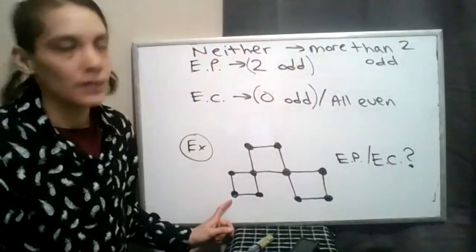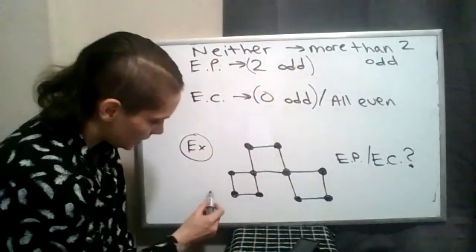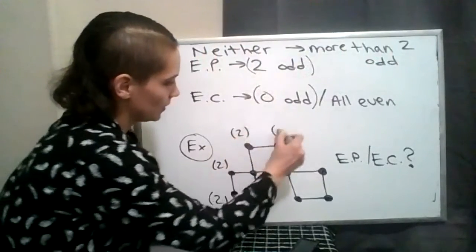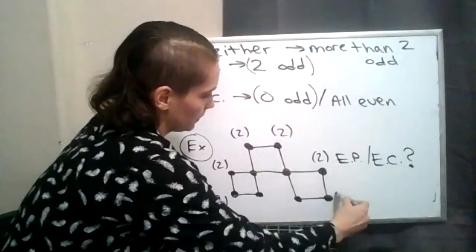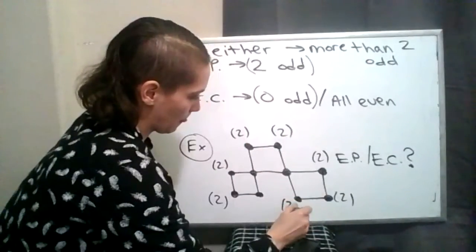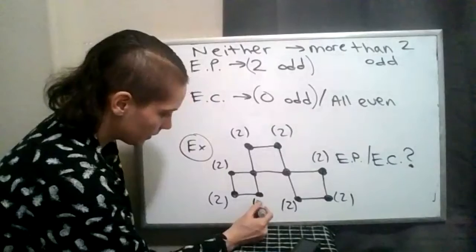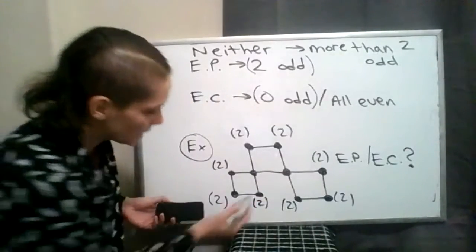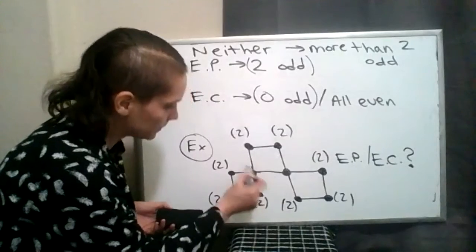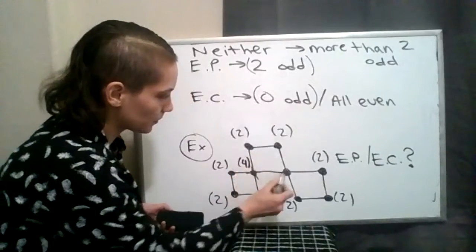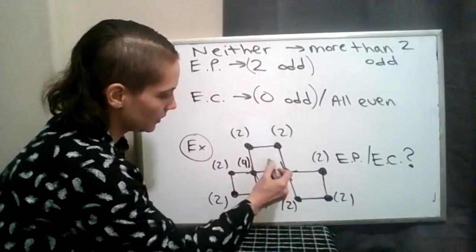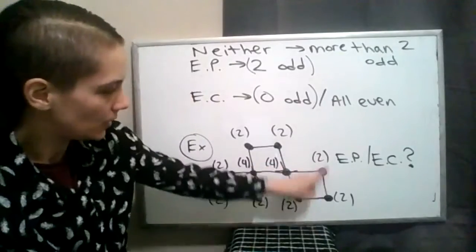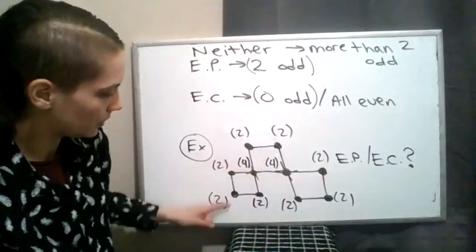So let's check out all the degrees. So 2's on the outside. Every corner. Looks cool so far. Let's go here. This is 1, 2, 3, 4. 1, 2, 3, 4. I think we got them all. Cool.